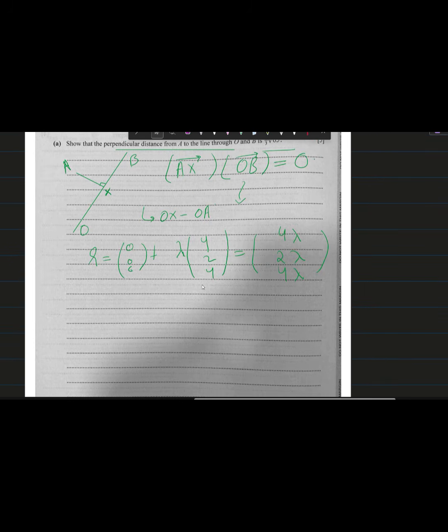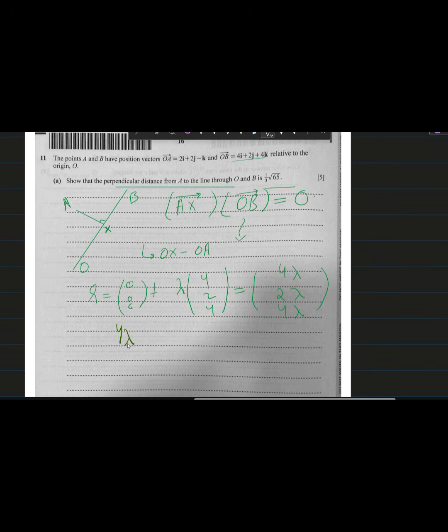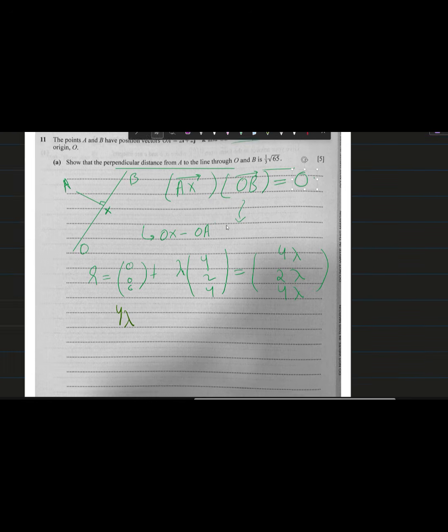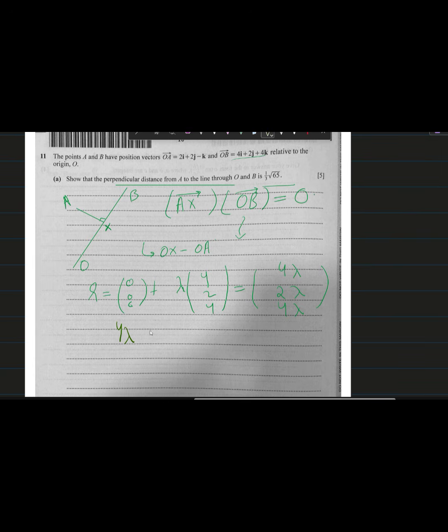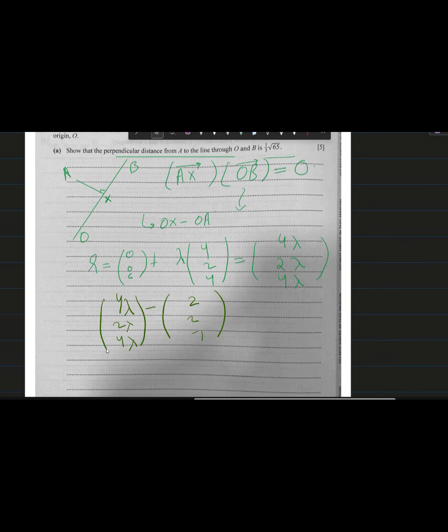Then we have OX minus OA, so it would be 4 lambda. So A is 2, 2 and minus 1. So 4 lambda, 2 lambda and 4 lambda, minus 2, 2, minus 1. So the coordinates of the direction of AX would be equal to 4 lambda minus 2, 2 lambda minus 2 and 4 lambda minus 1, which is 4 lambda plus 1.